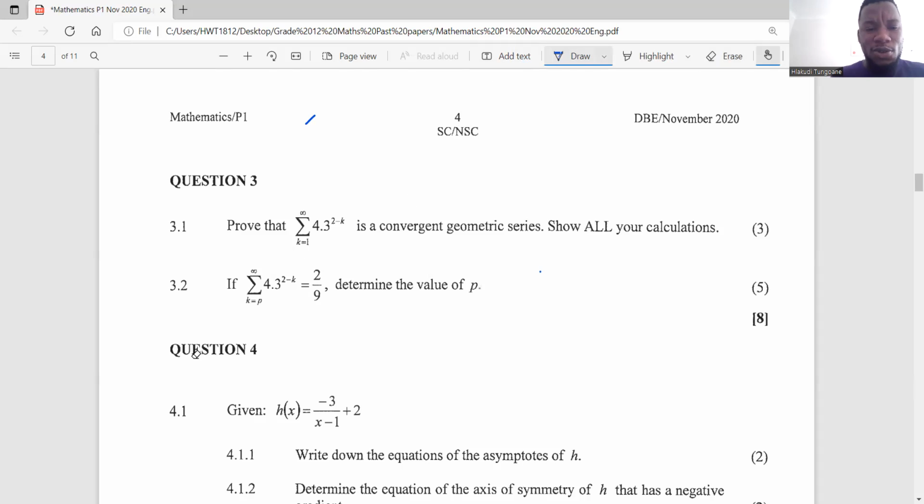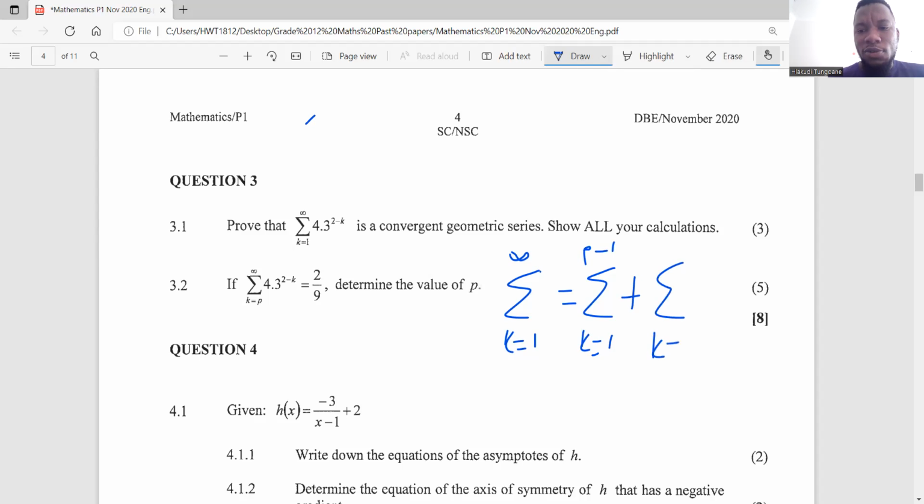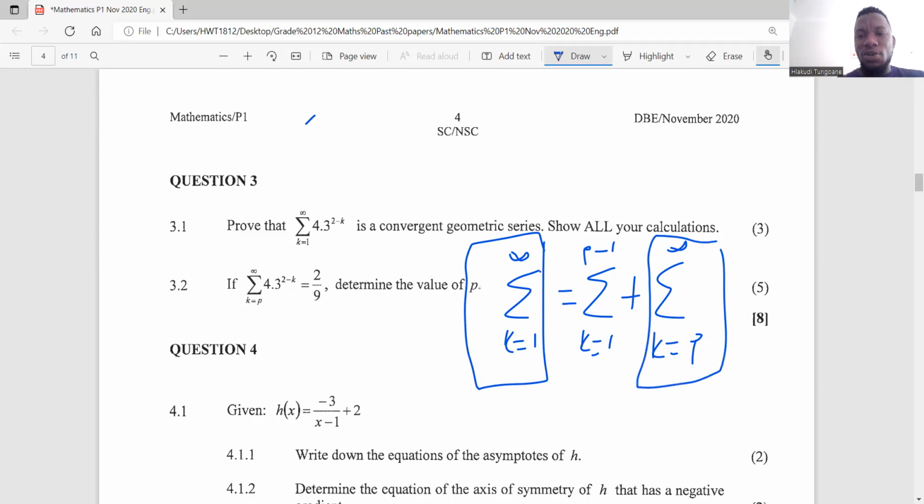We know that the sum from k equals 1 to infinity is the same as the sum from k equals 1 to p minus 1 plus the sum from k equals p to infinity. Essentially you just broke that sequence into parts. They already gave us the value for this, so we just need the value for this one.